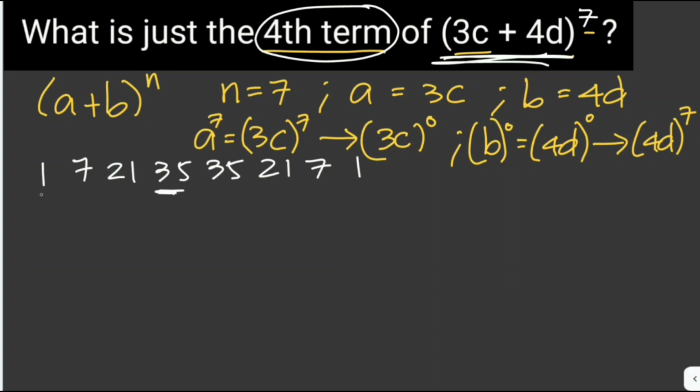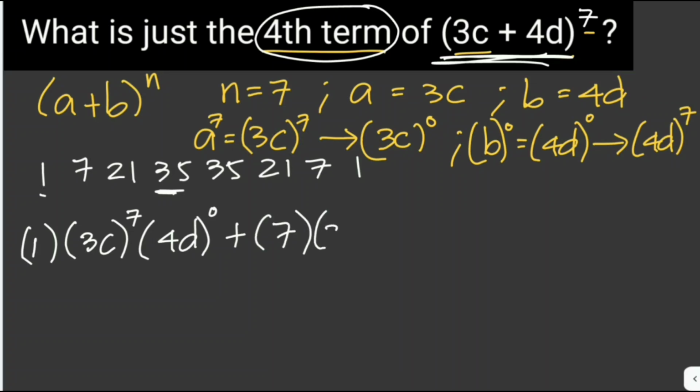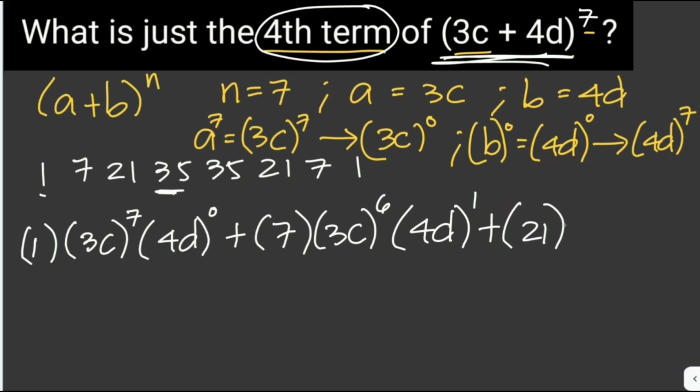So we start with the first coefficient 1. 1 times our a, which is 3c to the power of 7, times b, which is 4d to the power of 0, plus 7 times 3c to the power of 6 times 4d to the power of 1, plus 21 times 3c to the power of 5 times 4d squared, plus the next coefficient for the next term.